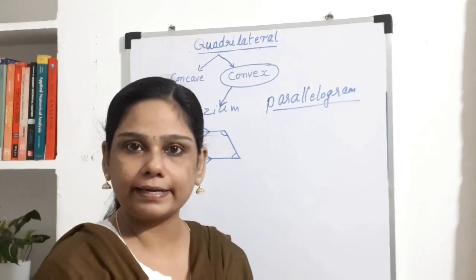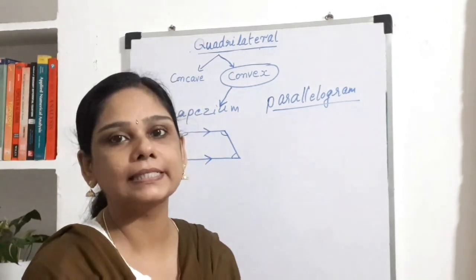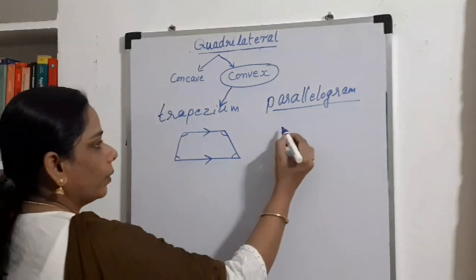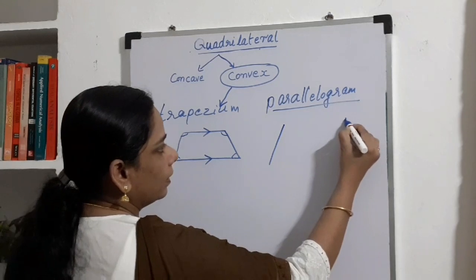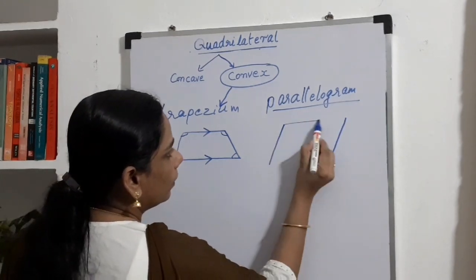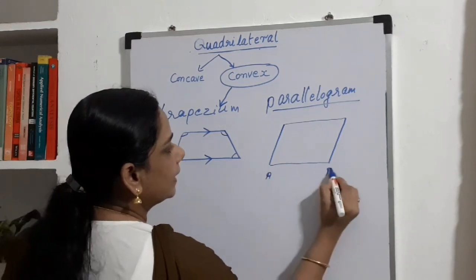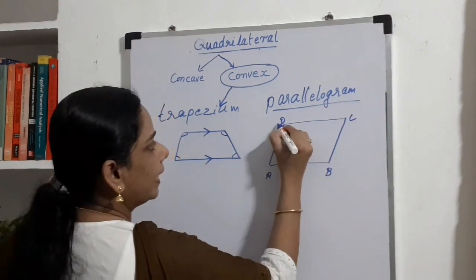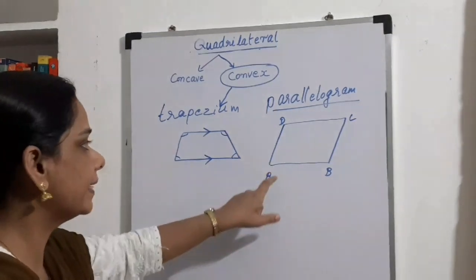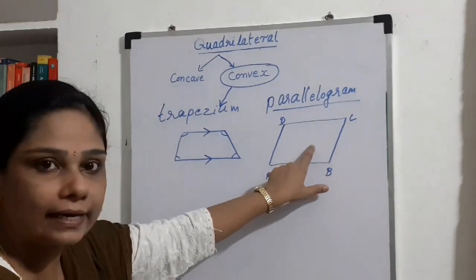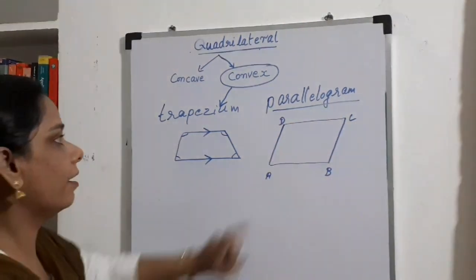In a quadrilateral, if the pairs of opposite sides are parallel, we can call that a parallelogram. So, how does a parallelogram look? We can name this quadrilateral as ABCD. Clearly, ABCD has four vertices, four angles and four sides.